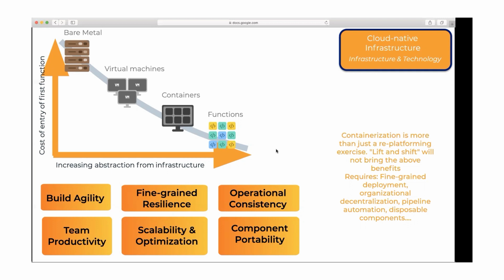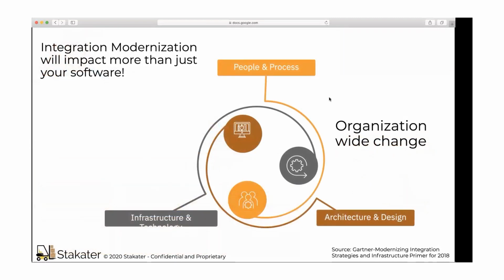So these are basically the three things that can result in business agility. One very important thing that I would like to highlight here is that integration modernization will impact more than just your software. So you have to be very careful with that. You're not just talking about technology here. It's more like an organization-wide change.